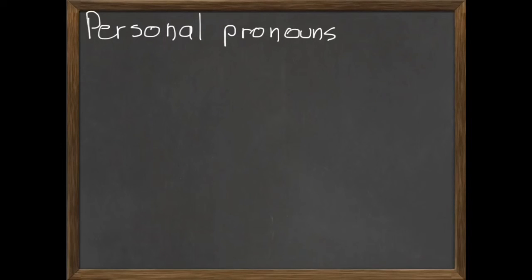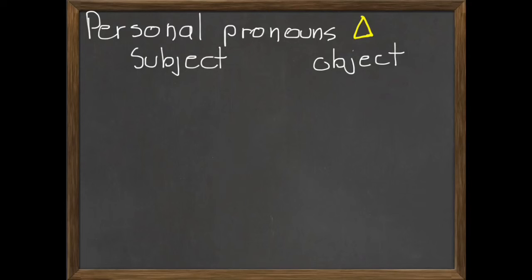Now let's look at personal pronouns. There are the subject personal pronouns and the object personal pronouns. The subject personal pronouns are used as subjects right before the verb. The object personal pronouns are used after verbs as objects or after prepositions.